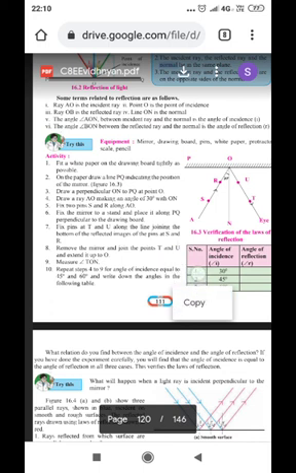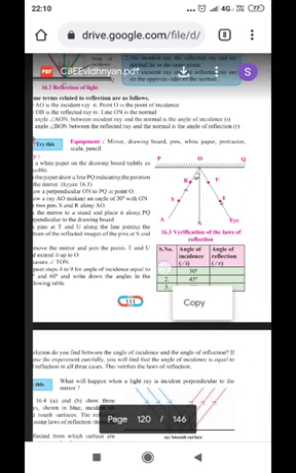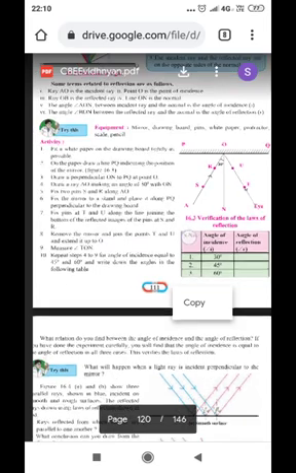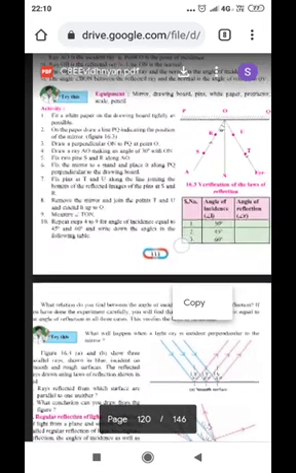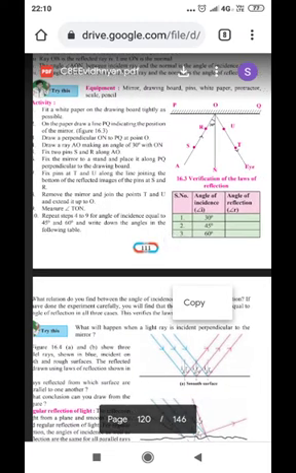Equipment for the next activity: mirror, drawing board, pens, white paper, protractor, scale, pencil. Now, what is the activity? Fit a white paper on a drawing board as tightly as possible. On the paper, draw a line PQ indicating the position of the mirror, as in figure 16.3.